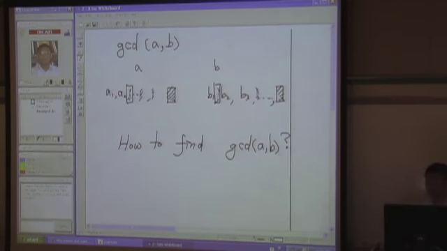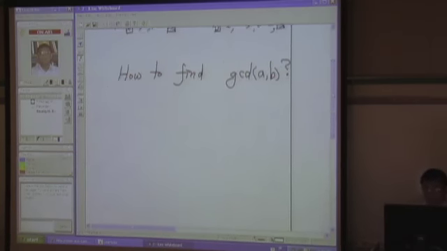How can you find the GCD of A and B? To do it, I will write down one important property, the division algorithm that I mentioned, right? The division algorithm says if A is divided by B, then there should be a quotient and the remainder.